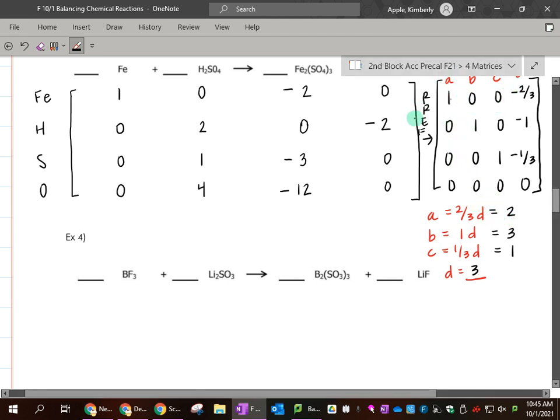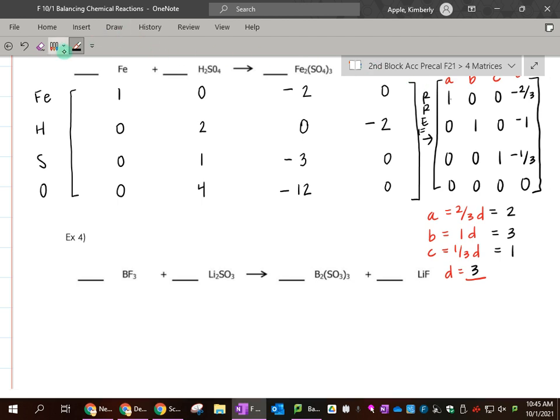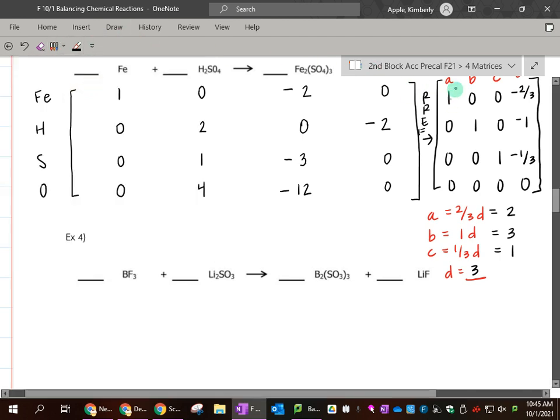Why wouldn't 0 be D? Because of exactly what I'm showing you here. This is 1A, this is 0B, this is 0C, and this is 2/3 D. This is A, and all this is just zeros. We're going to get what we need up here.